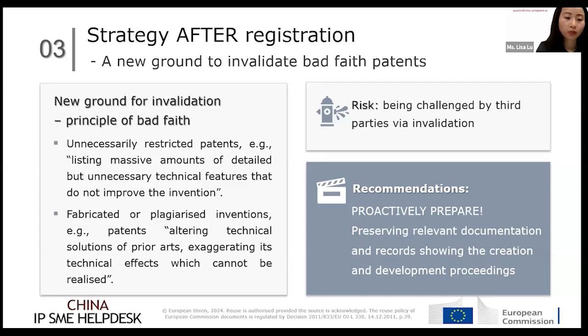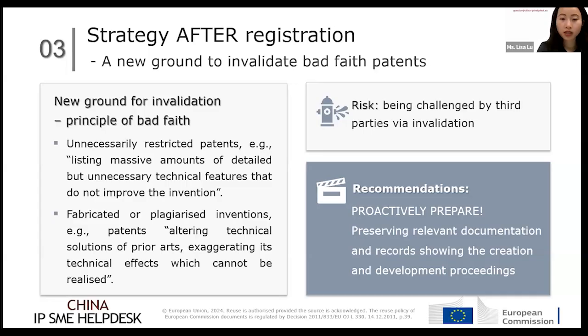Also, for fabricated or plagiarized inventions, where the patent alters technical solutions of prior art and states technical effects which can never be achieved, those are also bad-faith patents.